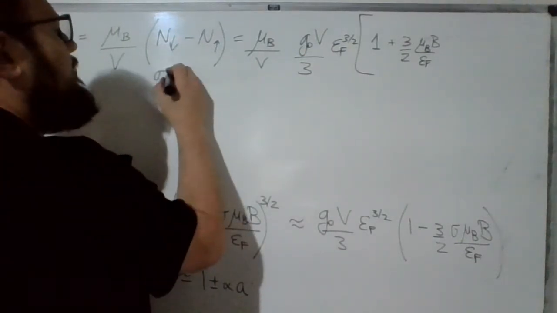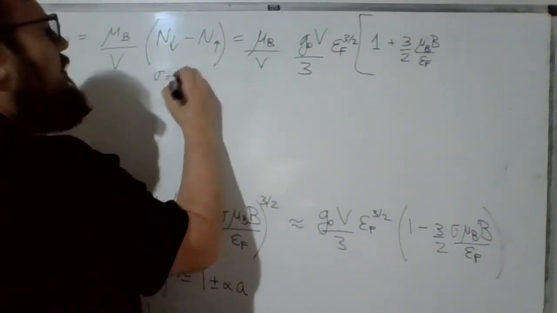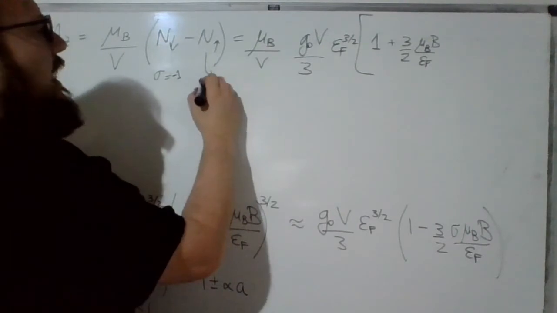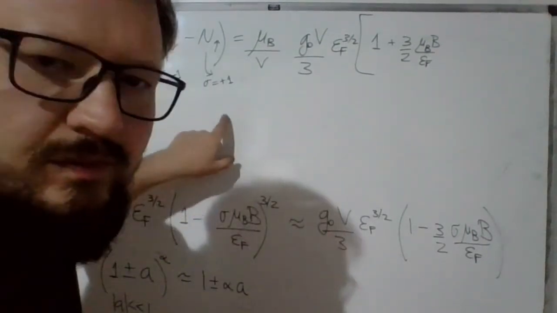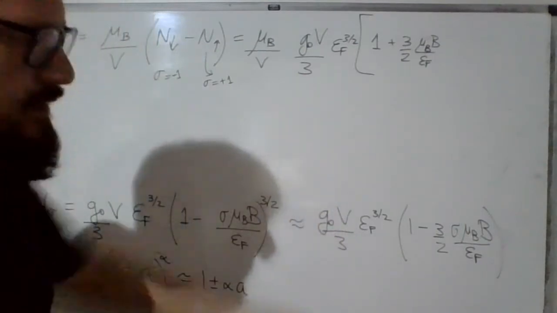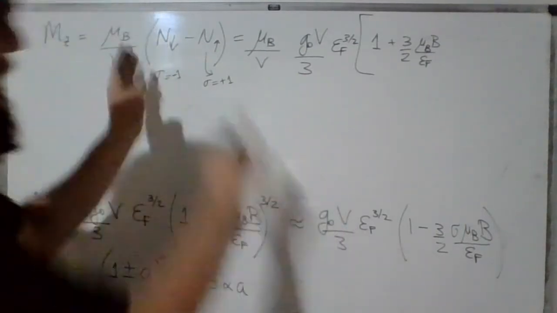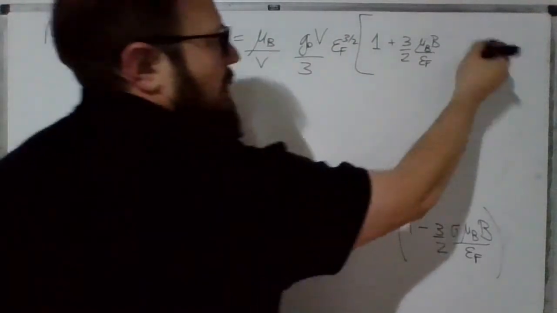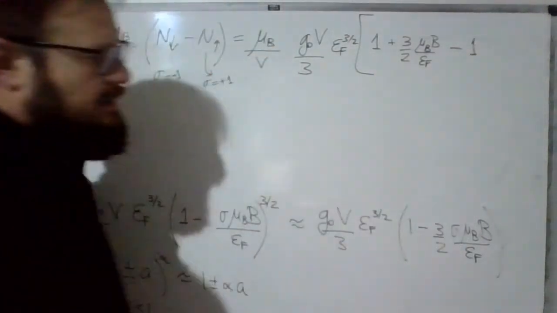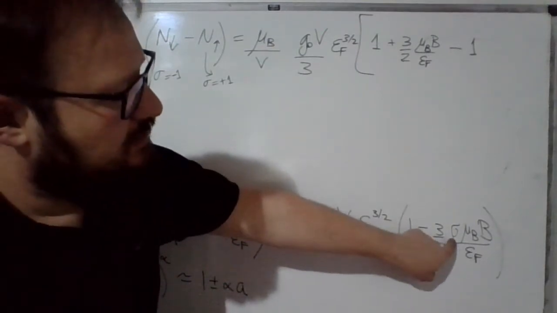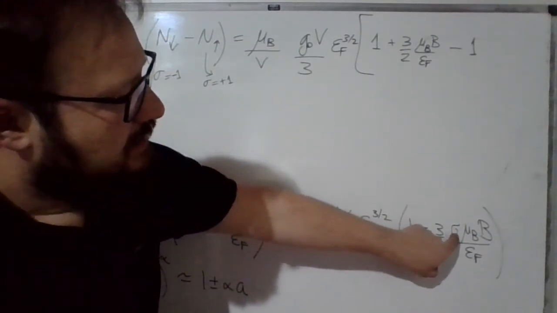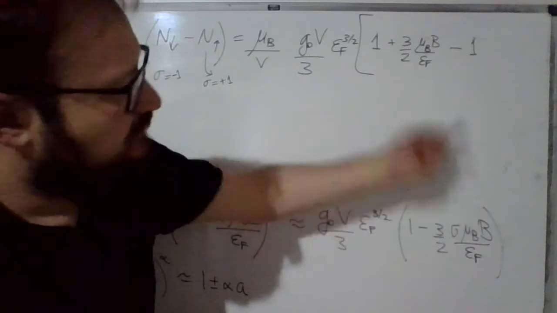The down spins correspond to sigma equals minus 1, and the up spin corresponds to plus 1. All right, so if you insert that here and you subtract, you will have minus 1 because it's minus this one, and here you need to insert a plus for the up spins.